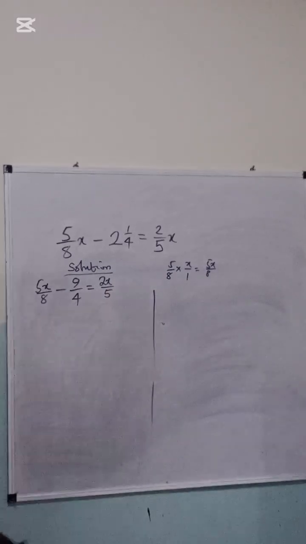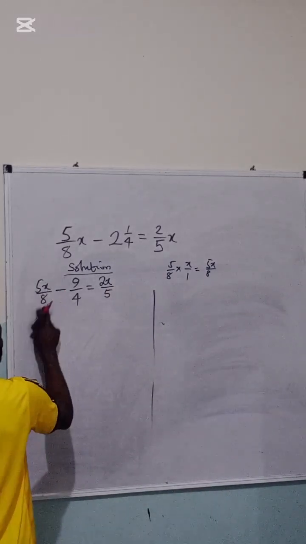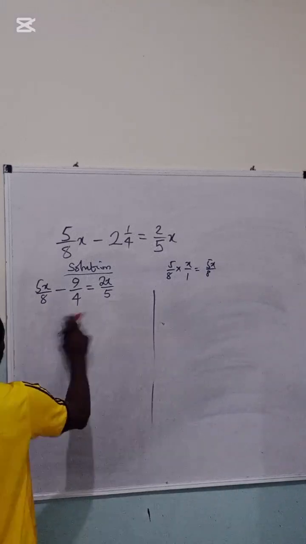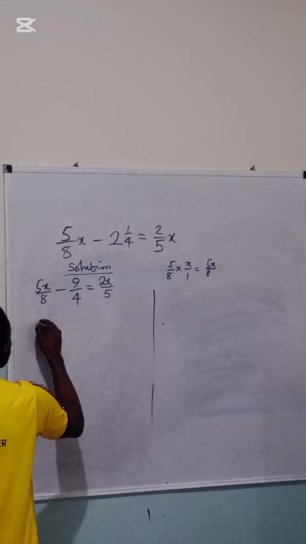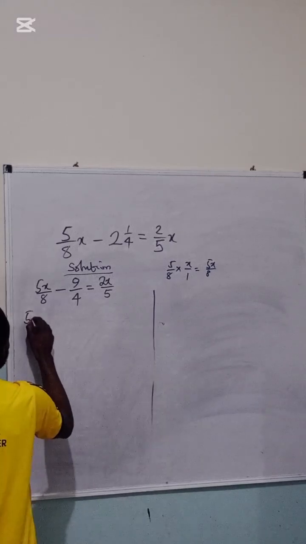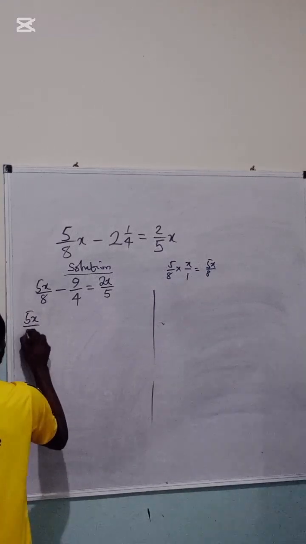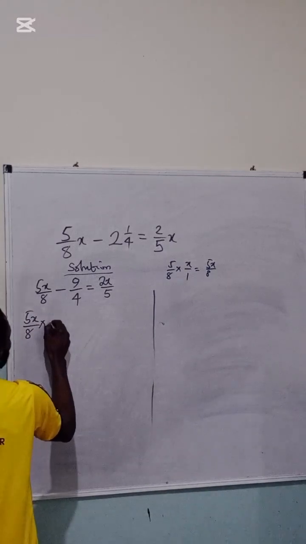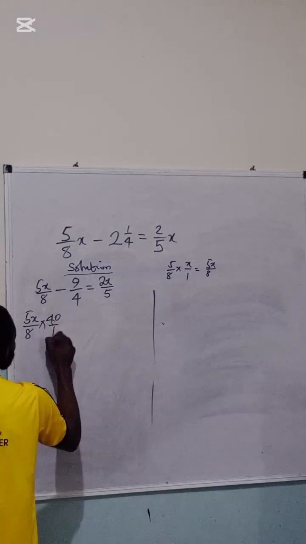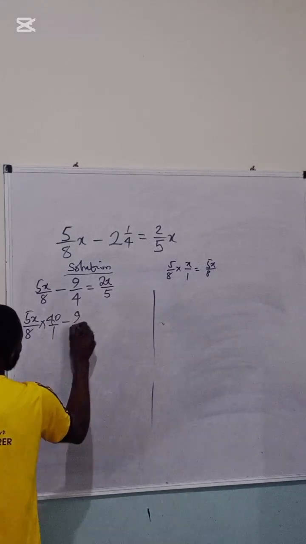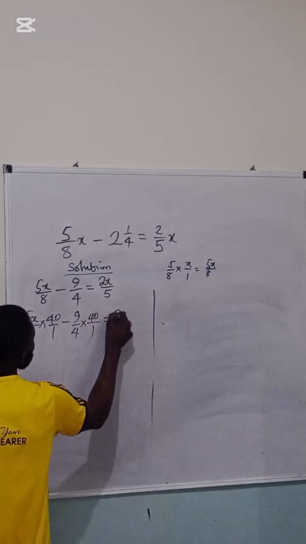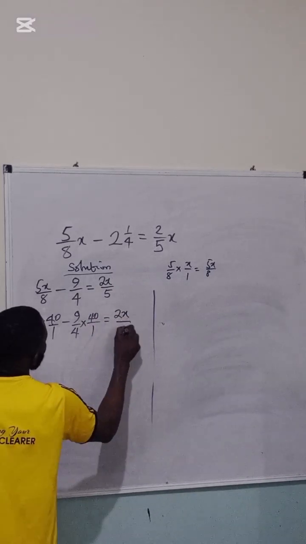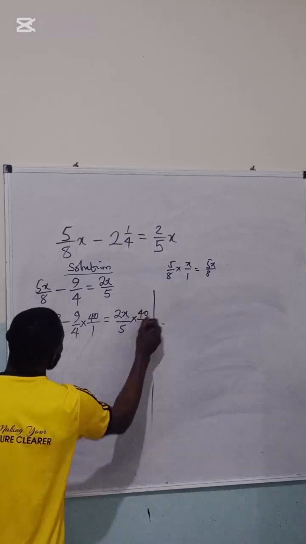Now it's time to look for the LCM of 8, 4 and 5, and then we multiply through. So the LCM is 40, so we are going to say 5x over 8 multiplied by, of course, 40 over 1 minus 9 over 4 multiplied by 40 over 1 equal to 2x over 5 multiplied by 40 over 1.